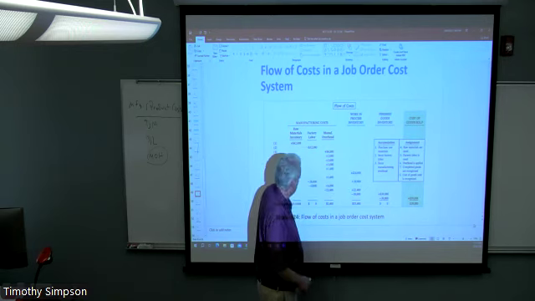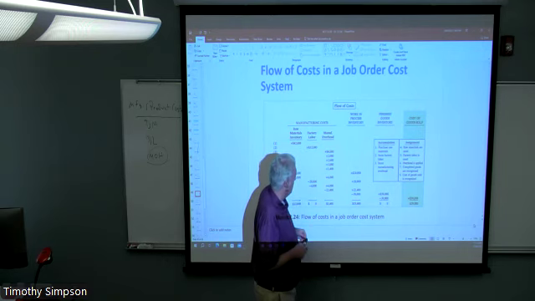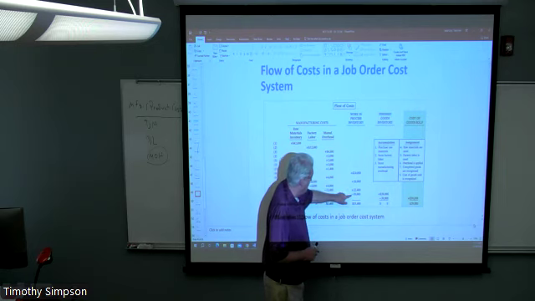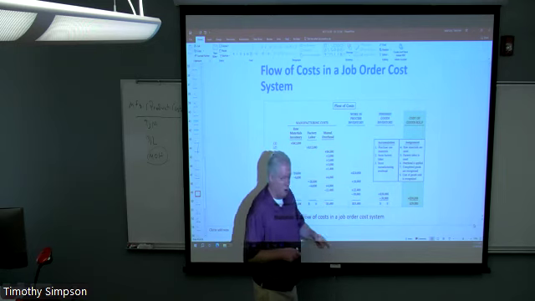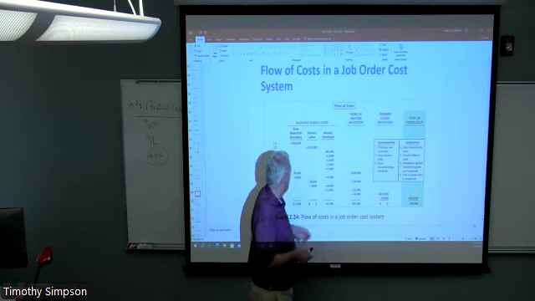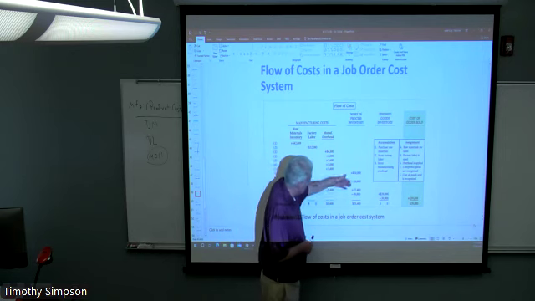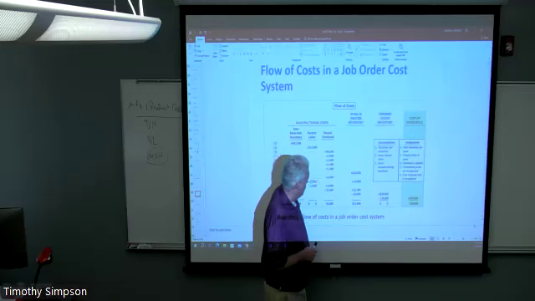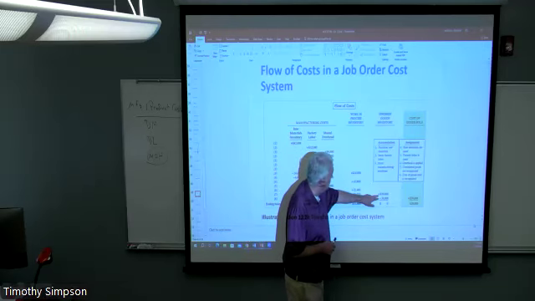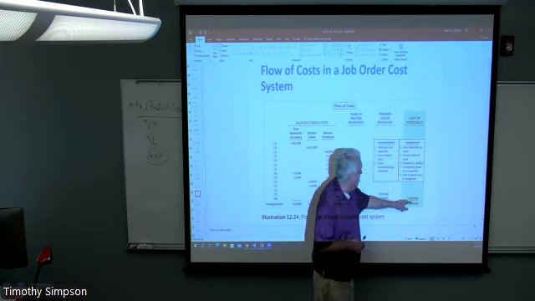We're doing this for some particular accounting period, but attached to this job, only 39,000 applies to job 101 and the 1,000 electronic sensors that they're making. So we're assigning 39,000 to that particular job. 39,000 moves over to finished goods, and then we sell it, and it goes down to cost of goods sold.